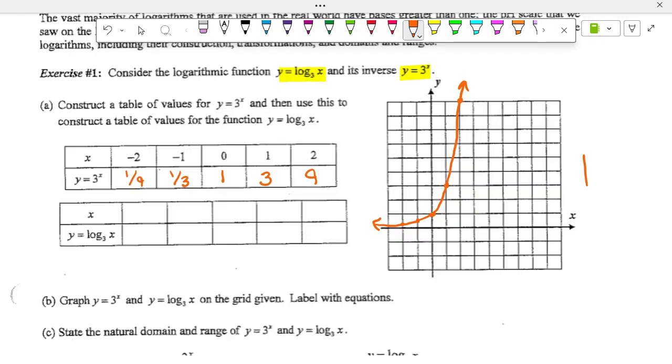What line does it look like that graph is not going to cross? 0. So my horizontal asymptote is the line y equals 0. Right here. Because if you think about it, as we get further down the negatives of x values, we'll just keep getting smaller and smaller fractions, but we'll never actually get to 0. There's no power of 3 that you can raise 3 to and get 0. That's why.